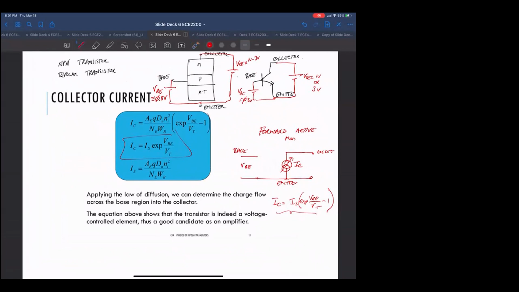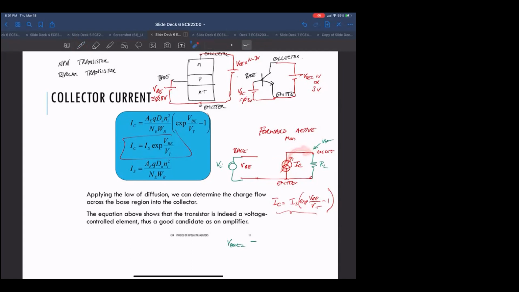Going back a couple of lectures, if I put an external resistor here, R sub L, and call this my V out, and put a voltage source here called V in, my V out is going to be minus this current I sub C, because remember the electrons are flowing out of the collector.